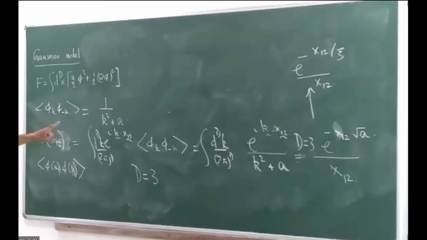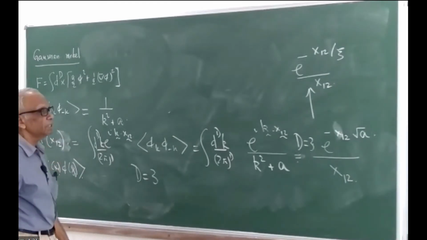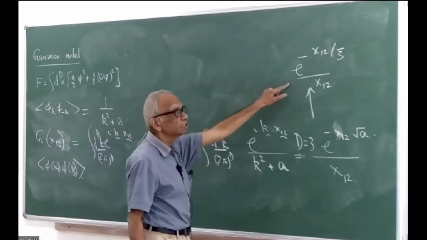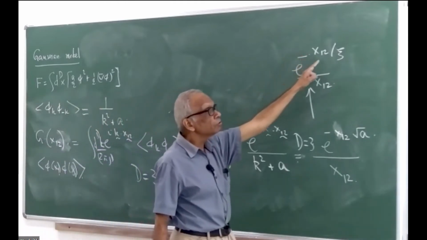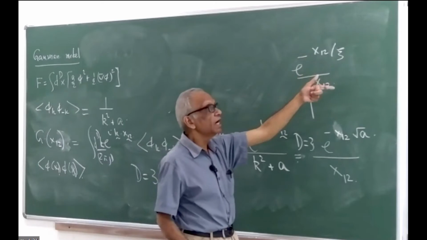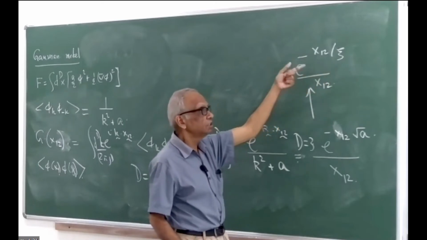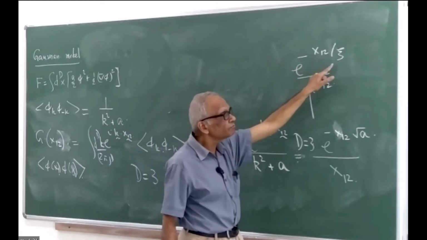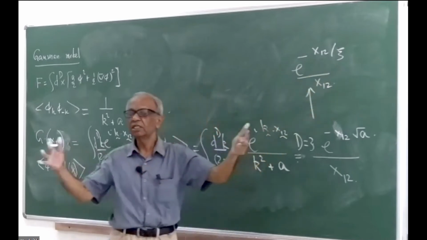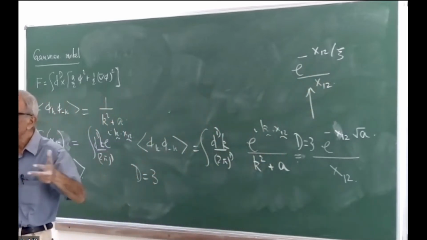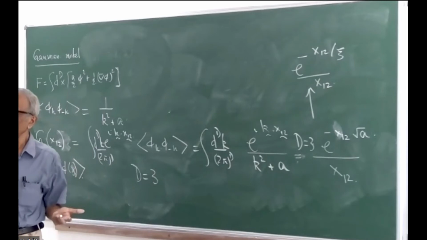So d equal to 3, the two-point function in coordinate space looks like this, and it falls off with, this is the mass term essentially. So it falls off with increasing x, and the scale is xi.